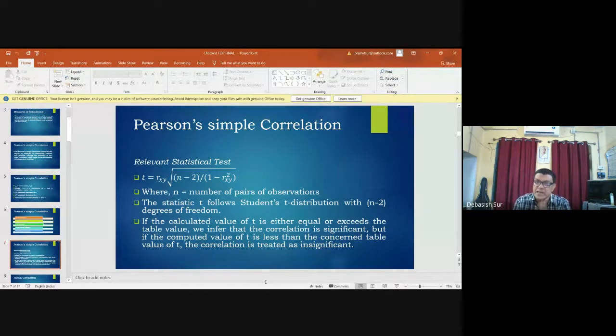So if the computed value of t is greater than or equal to the table value, that means the standard value of t, then we can say that the correlation is statistically significant. On the other hand, if the computed value of t is lower than the table value, then we can say that the correlation is not significant.